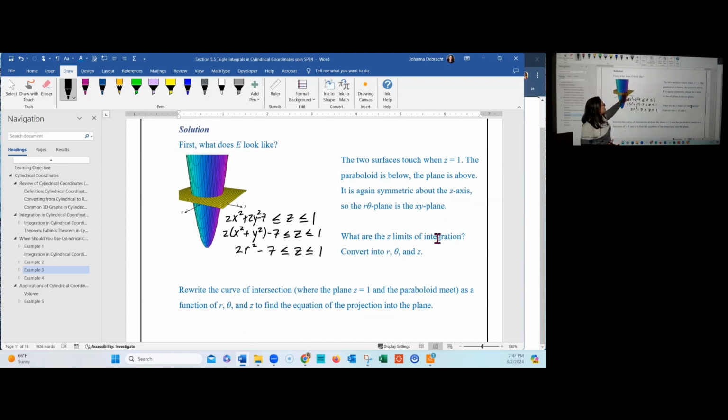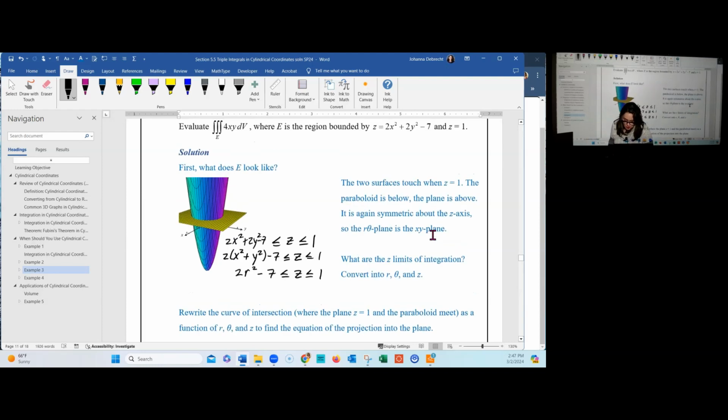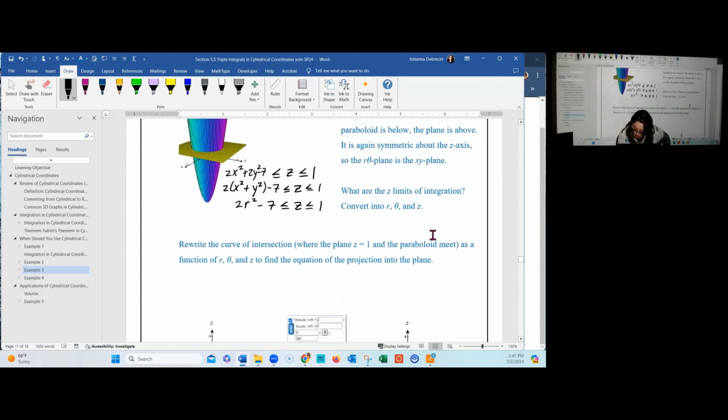This is coming from the widest part of our three-dimensional solid over which we're integrating. That widest part is at the intersection of these two. We need to find an equation for that so we know what the shadow cast into the r theta plane will look like. When z equals 1, we can write that we have 1 equal to 2x squared plus 2y squared minus 7. Move the 7 to the opposite side and then divide everything by 2.